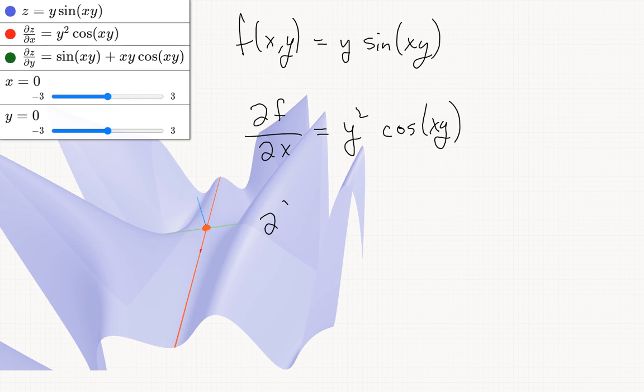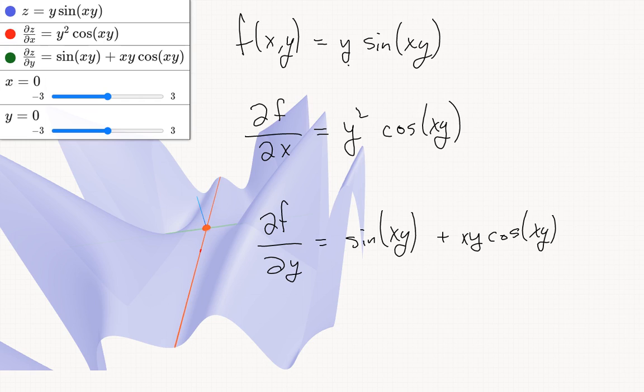Then for del f by del y, now we have to use the product rule, so that'll be sine of xy, then plus y times the derivative of cos xy, so now that'll be an xy cos xy. So now we're pulling out the x as the coefficient.